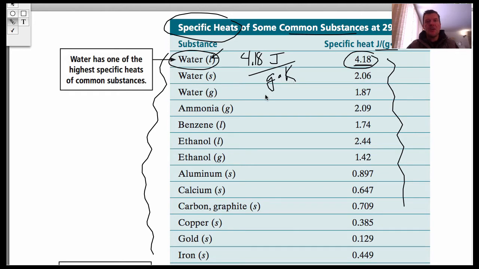It means for every 1 gram, it requires 4.18 joules of energy to raise the temperature 1 Kelvin.